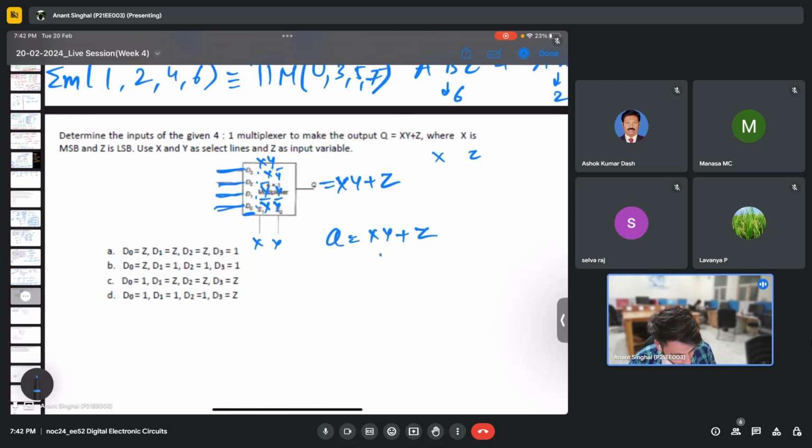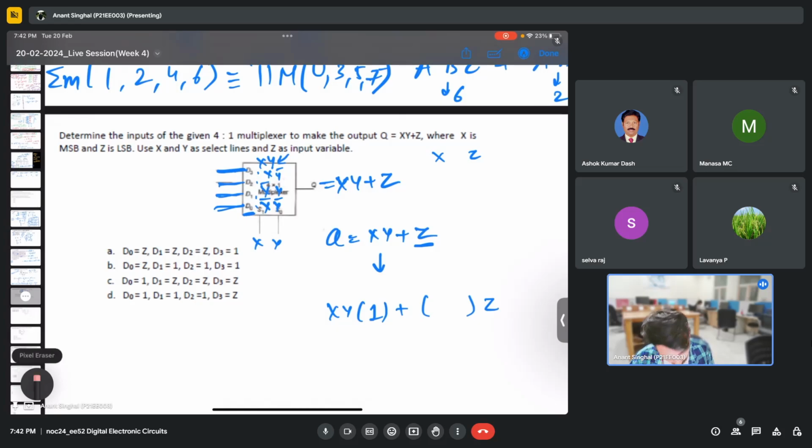So what I can do is I can try to find out the min term, or I already have this XY here. In XY we want a 1 and I have a Z remaining. So for all the terms that are giving me a 1, I need to have a Z, and for this first term I need to have a 1.